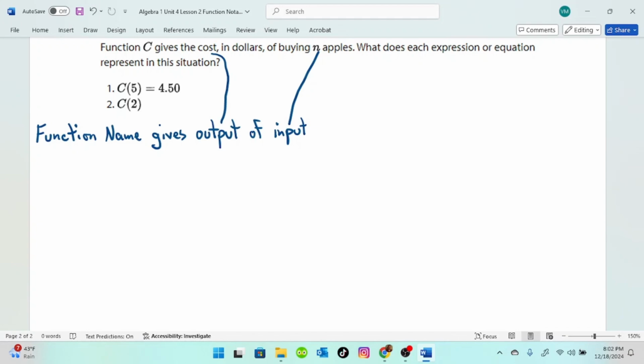We also already talked about function notation. Function notation is name, input in parentheses, equals output.